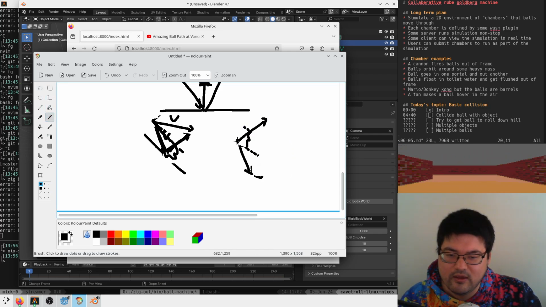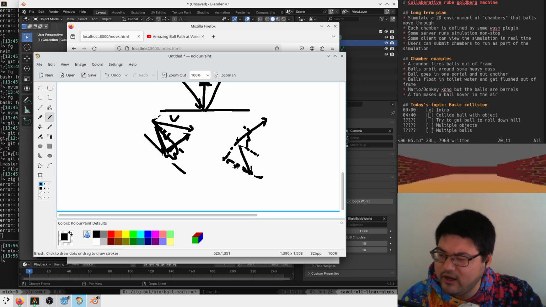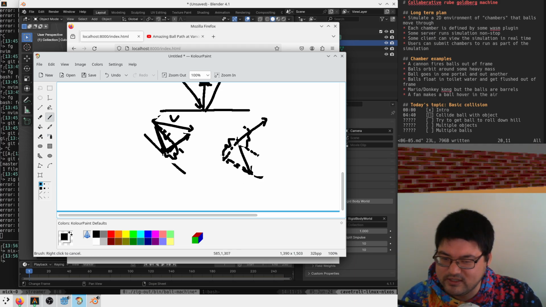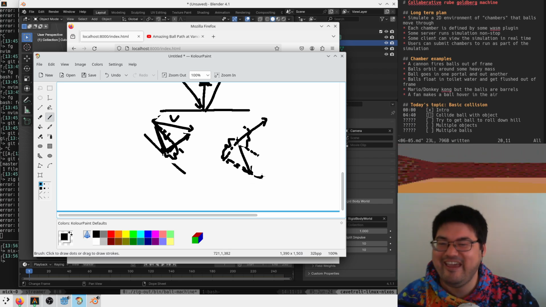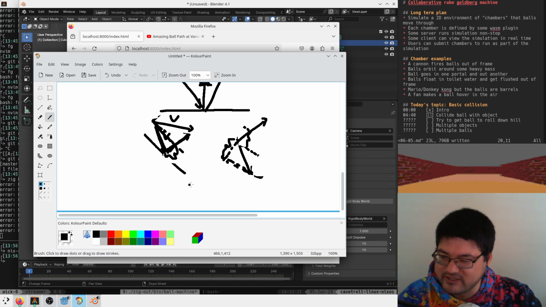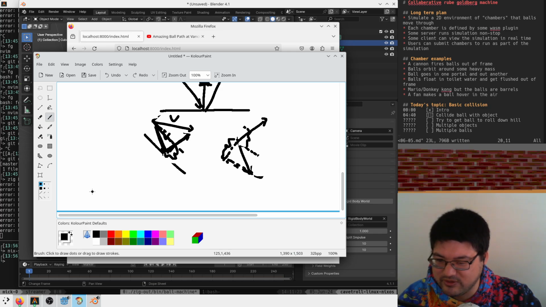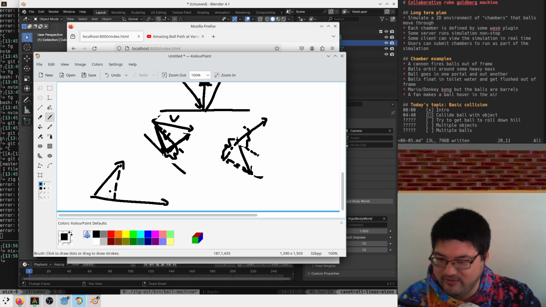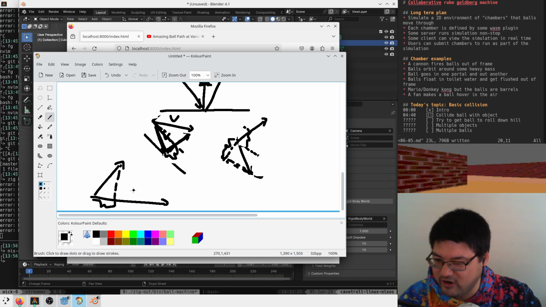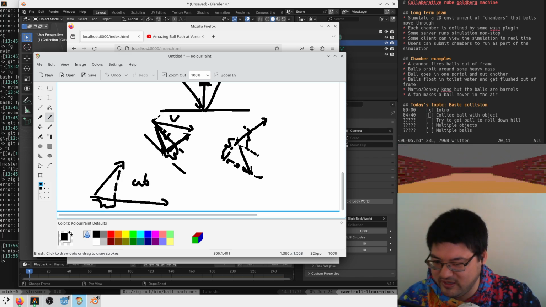And if we do the dot product of this one, we get this distance, because the dot product is the projection of one line onto another. If you have this vector and this vector, your dot product is AB cos theta.